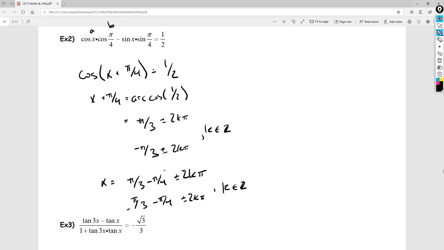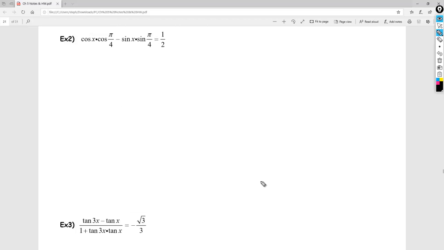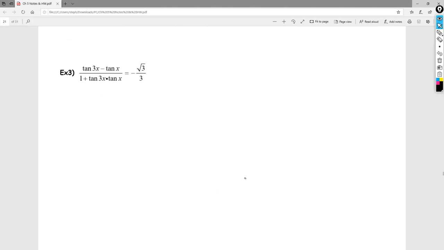Okay, moving on down to tangent. So my tangent formula is again its own special formula. So in this case, this is the tangent difference formula, which is also already written for you later in the notes, kind of on the last page if you look.